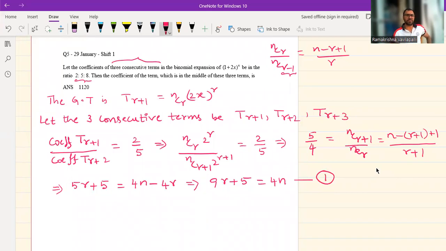Now for the other relation, we have to take the ratio of the next two terms.